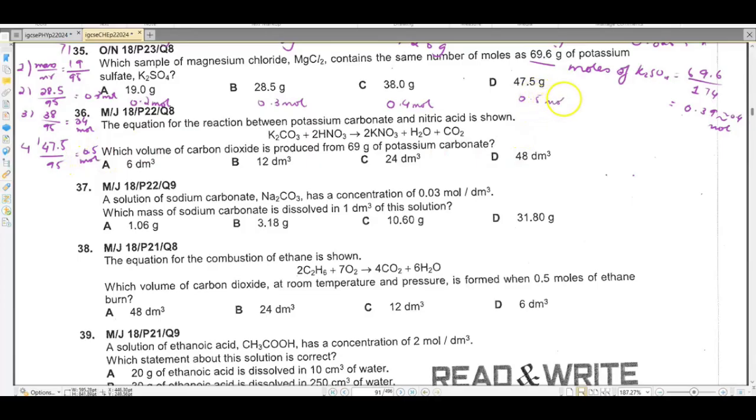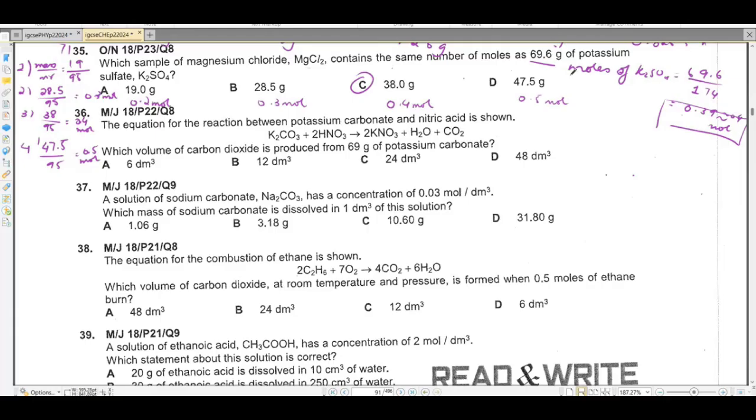So if you see that the moles for K2SO4 were 0.4, and C is the option that coincides with this, because the question required us to find the sample of magnesium chloride that contains the same number of moles as that of potassium sulfate. So C, 38 grams of MgCl2 contains the same number of moles as 69.6 grams of potassium sulfate.